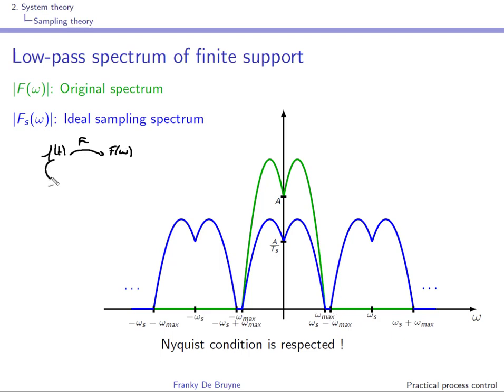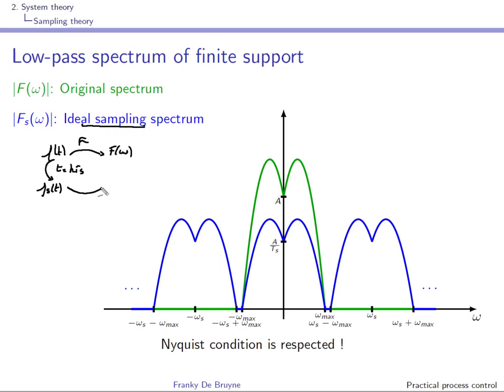This signal is sampled, so t is replaced by k Ts, and we obtain the sampled signal, and here we're using ideal sampling.